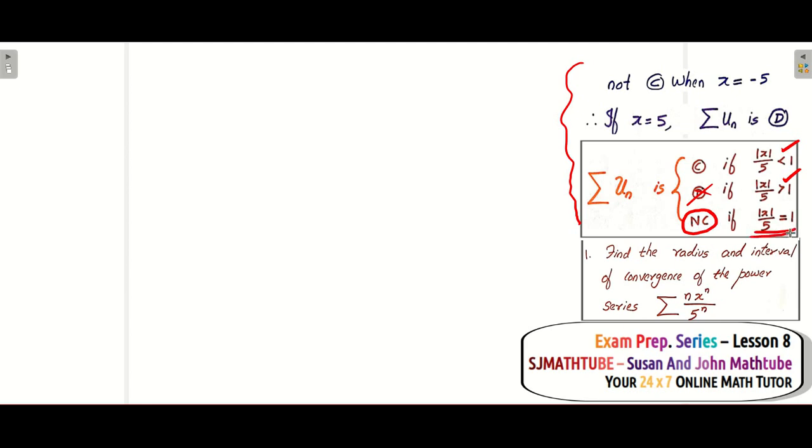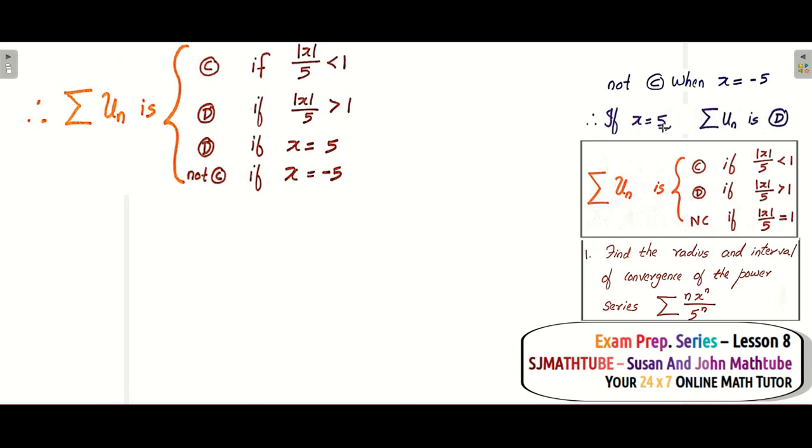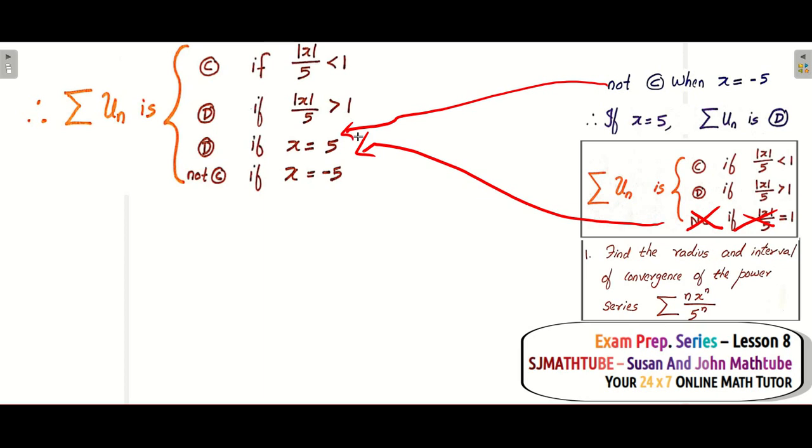So we analyzed and we came up with not convergent when x equal to minus 5, divergent when x equal to 5. Now let's write everything together. So look at this. Now I'm cutting that no conclusion part and I'm copying these things.